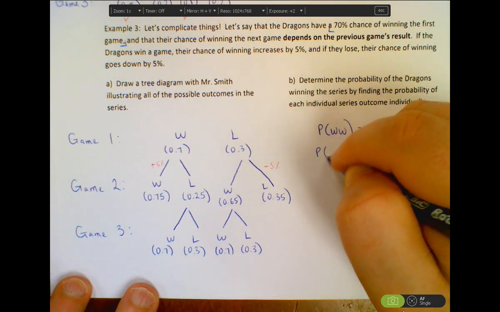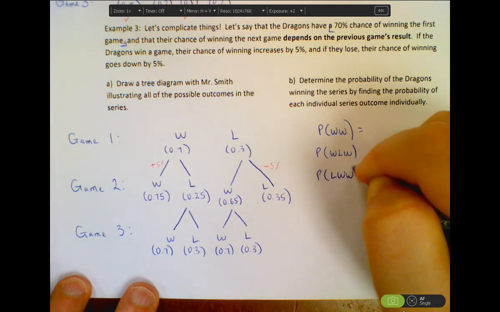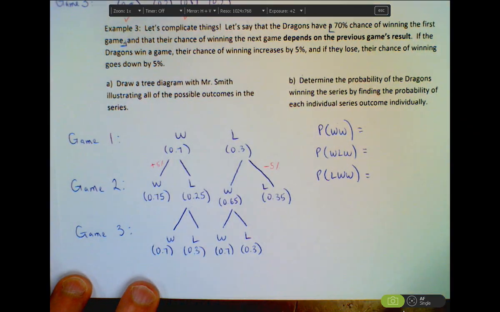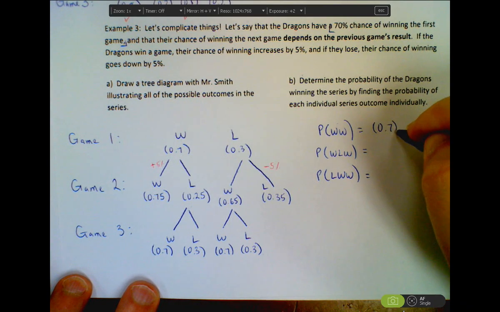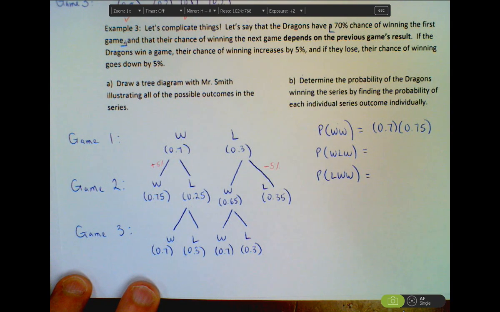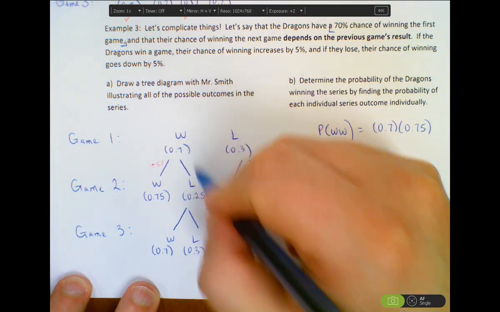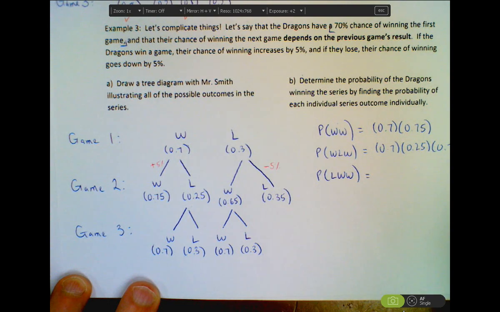I'm going to go ahead and set it up like the previous 2 examples. And then in a moment, we'll look at a best of 5 example. So win-win. This is now easy to visualize with our tree diagram. 0.7 times 0.75. Win-loss-win is 0.7 times 0.25 times 0.7.